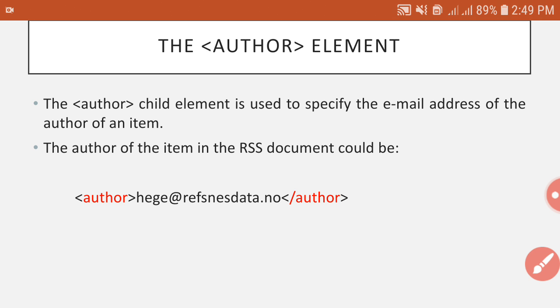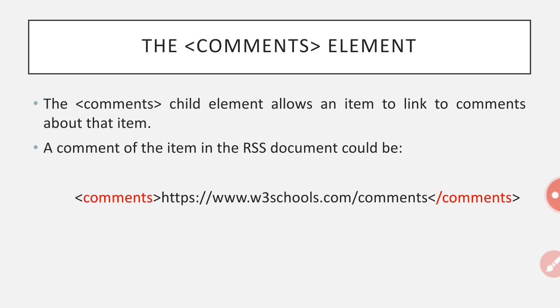The email address of the author is specified using the author element. To prevent spam emails, some developers usually do not include the author element in the item element. Okay, it is optional.